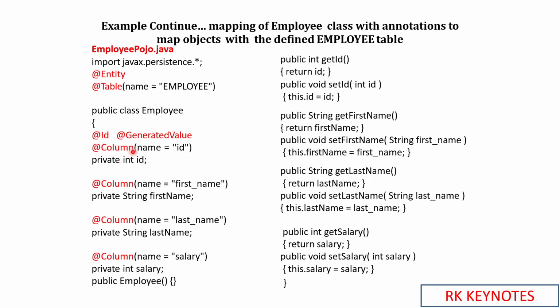You can see @Column and the name equal to ID. This we kept as primary key, right? So I want to use @Id, and then the value should be generated. So I'm saying @GeneratedValue. So it will start seeding the values in a sequence. And the rest of the variables got mapped with the column names. And these are the getter setter methods, which we know we can generate easily.